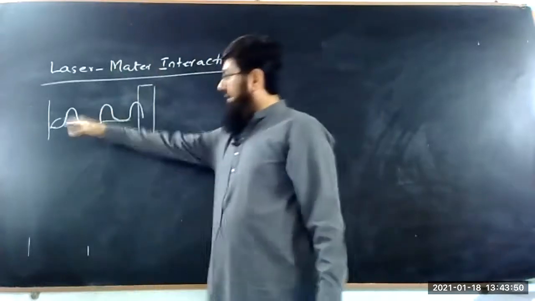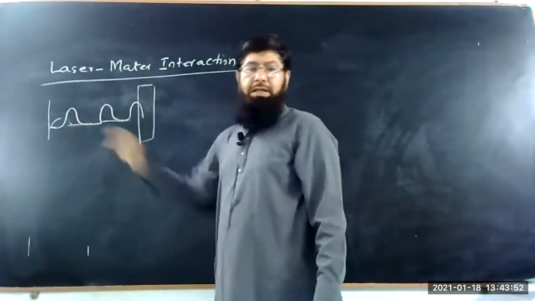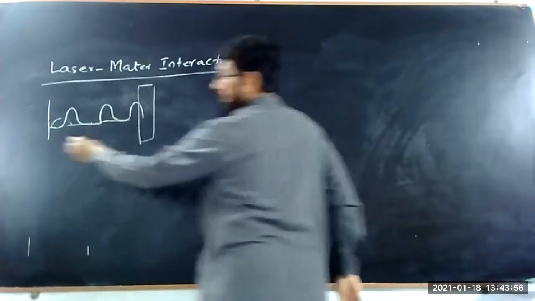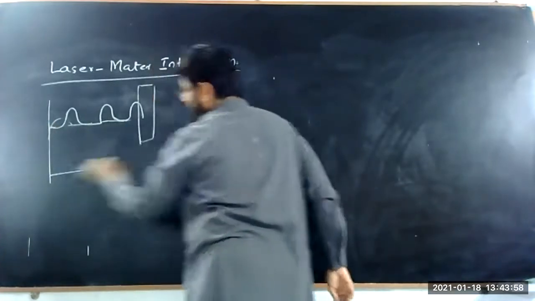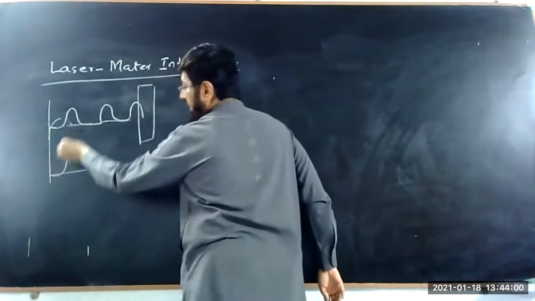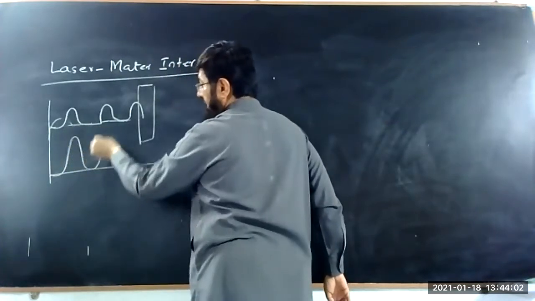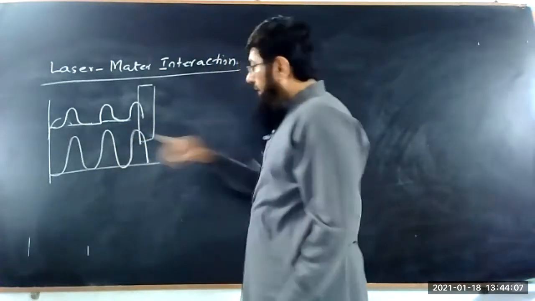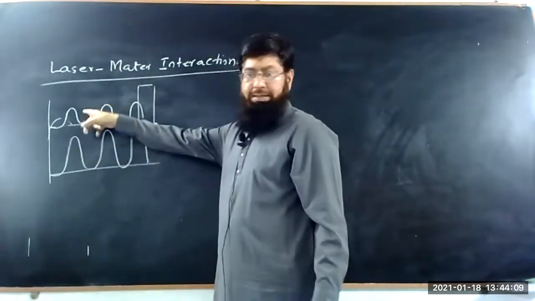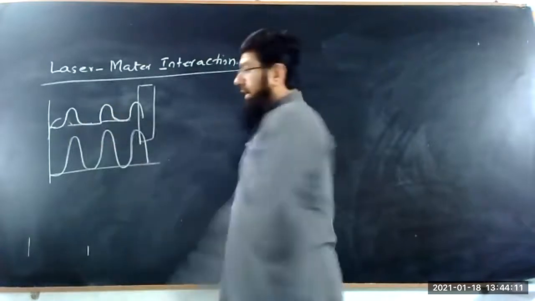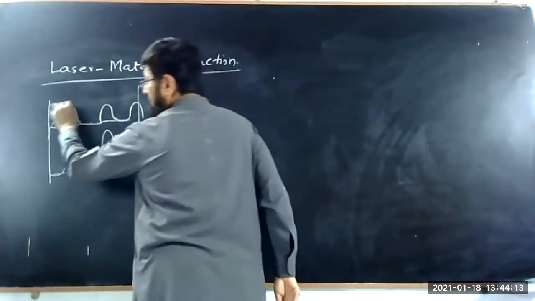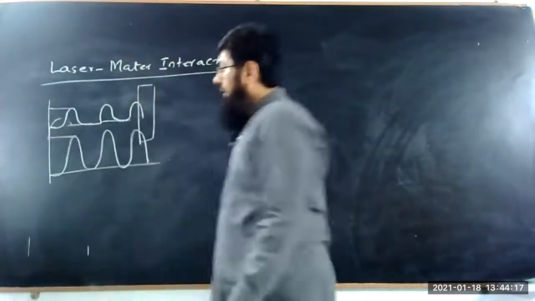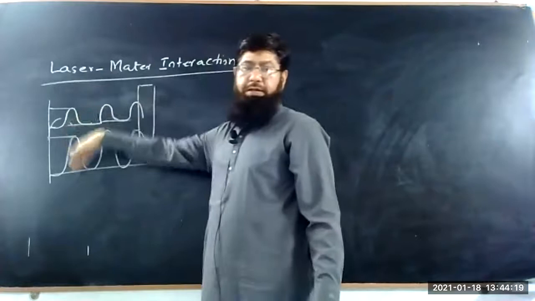So here, the height of the pulse depends upon its intensity. For example, this is the pulse, and we have another pulse of the same kind whose intensity is this. If we look at these two pulses, the amplitude is different here.